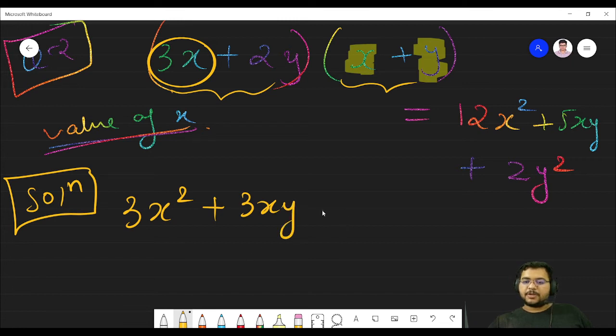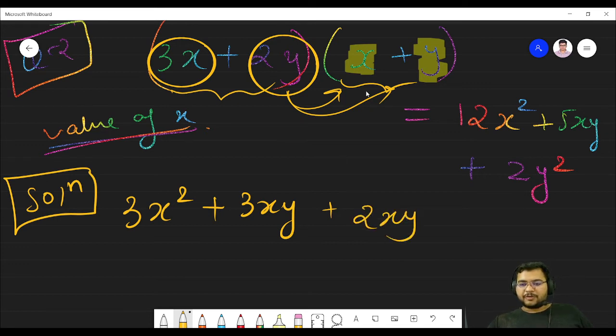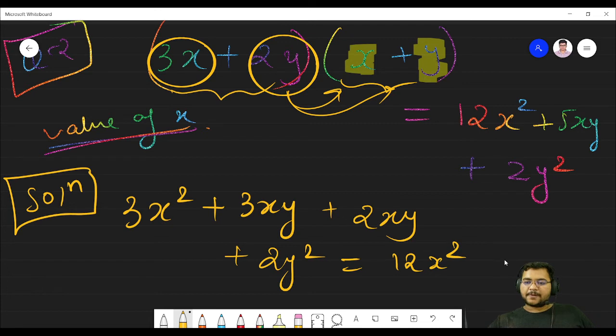Plus now this 2y will do the same thing. It will be multiplied with x and multiplied with y, so it will become 2xy. Yx and xy is the same thing. Plus 2y square. Equals to, on the right hand side we have 12x square.